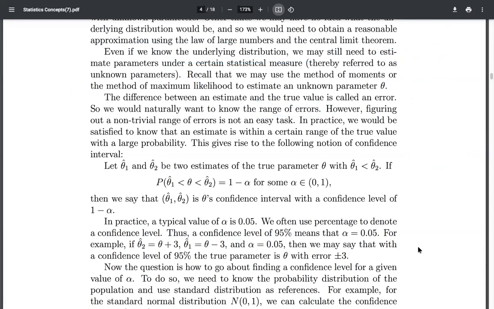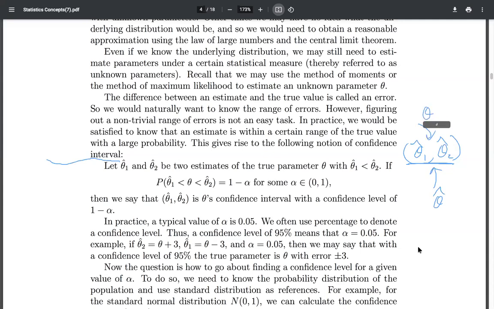All right, now we start from here. Let's say theta one hat and theta two hat are two estimates of the true parameter theta. Basically, I give you an interval, and the true value will be in it.